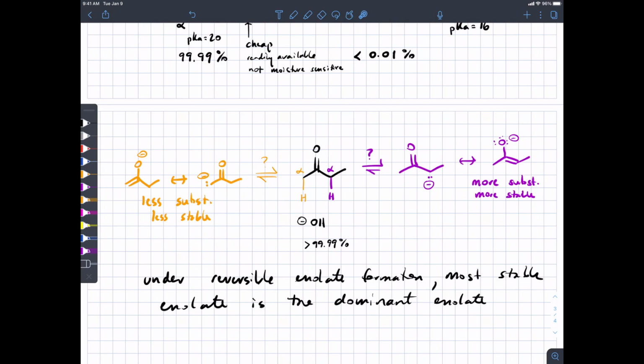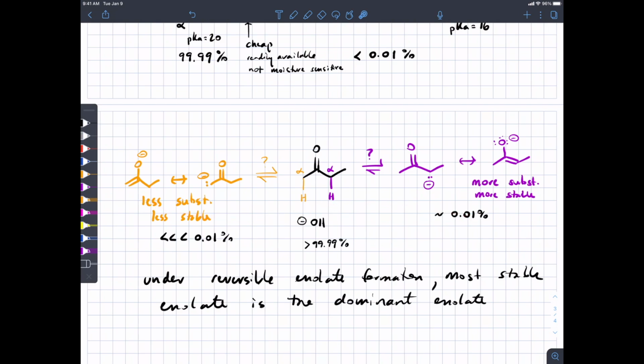So what we're saying is maybe at equilibrium we have something like 0.01% of the more stable enolate, and then something way, way, way less than 0.1% of the less substituted enolate. In other words, these are equilibrating conditions.